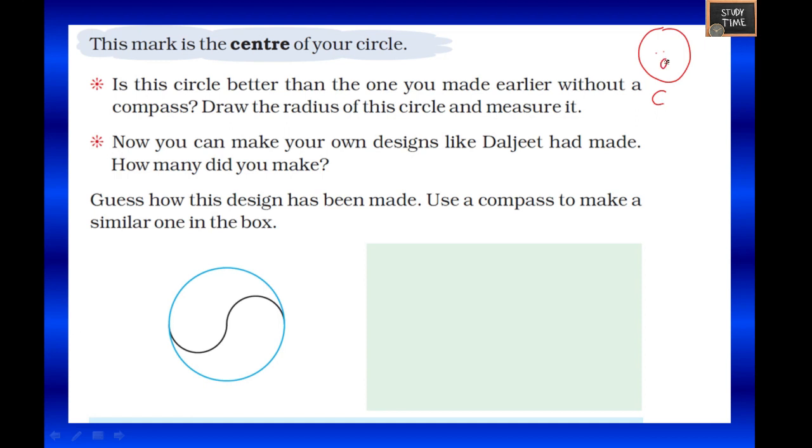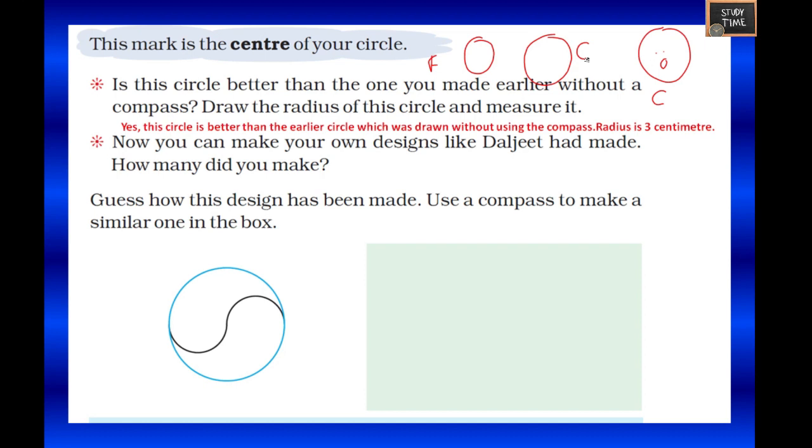Is this circle better than the one you made earlier without a compass? Draw the radius of this circle and measure it. Previously we drew with freehand. So check the radius of both the circles. This is with freehand, this is with the compass. You are going to see which is better.